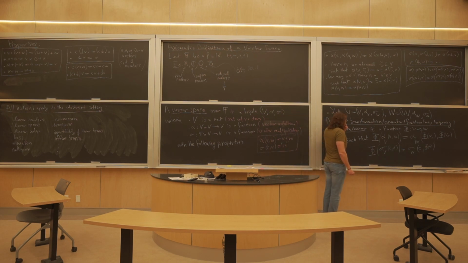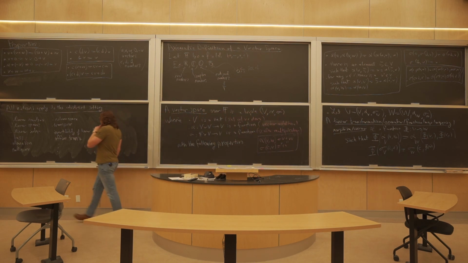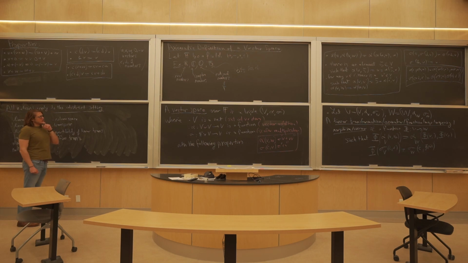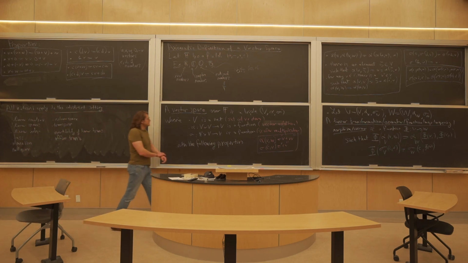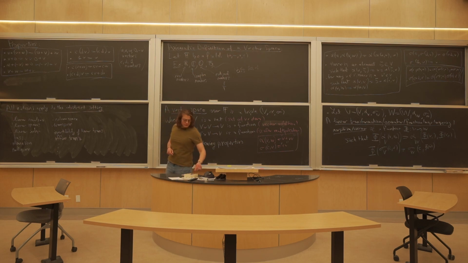Now, I'm going to give more sophisticated examples later, but let's start easy, or rather relatively easy, and let's look at one of the fundamental examples of a vector space that we haven't discussed so far, namely a function space. So let's consider this.